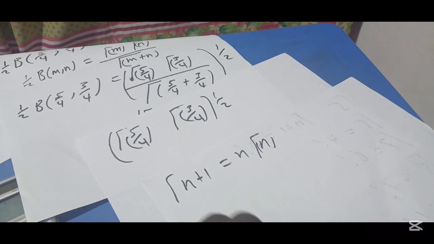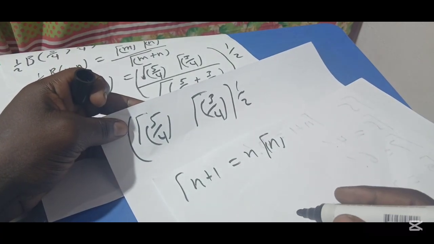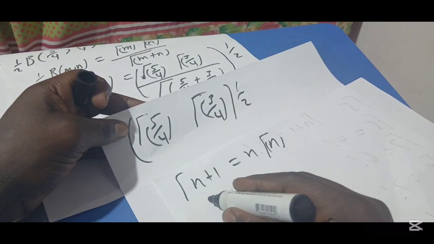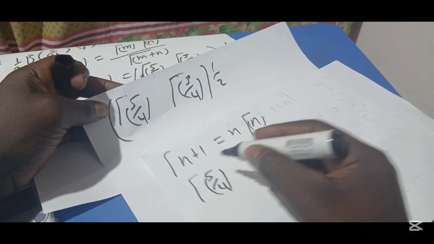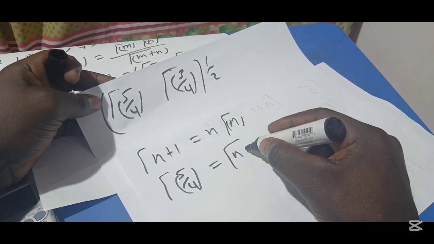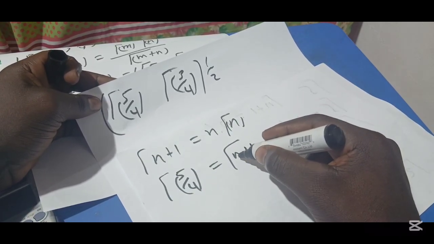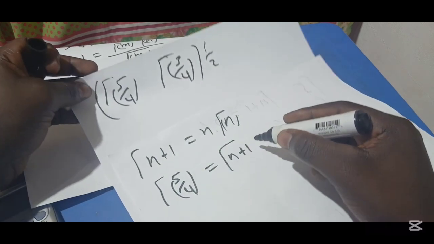So let's try this. When we are talking about gamma 5 on 4, we want to evaluate this. So I want a certain number that if I add to 1 gives me 5 on 4. So what is that number?